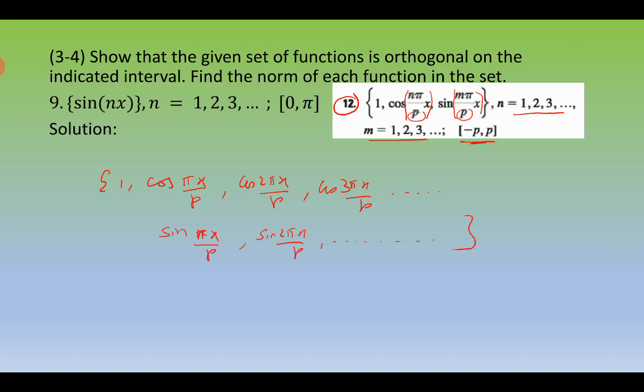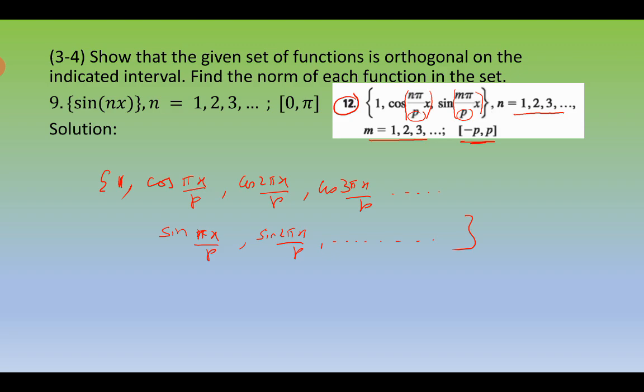It will go on like this. So it's an infinite set that has all cosine and the sine terms along with the 1. So we have to verify this is an orthogonal set, so that any pair you take from this set should satisfy the inner product is equal to 0.